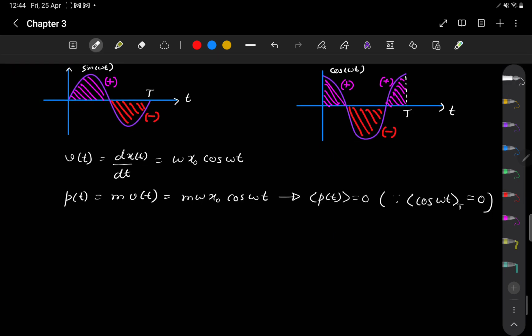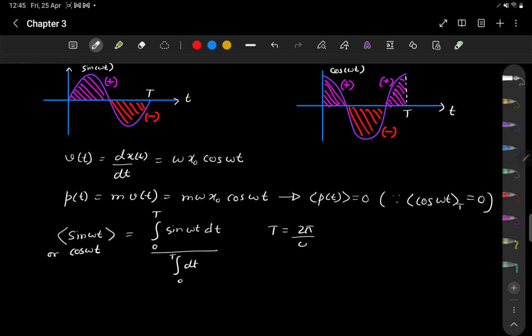And mathematically, if I were to write it down, then mathematically the average value of sin omega t, or equivalently cos omega t, is the following: integral from 0 to the time period, where T is 2 pi over omega.